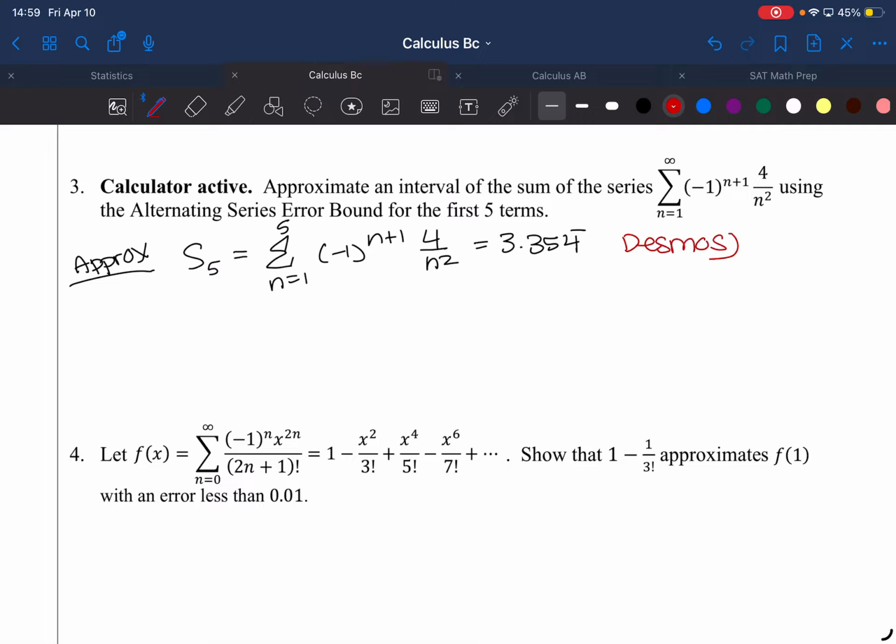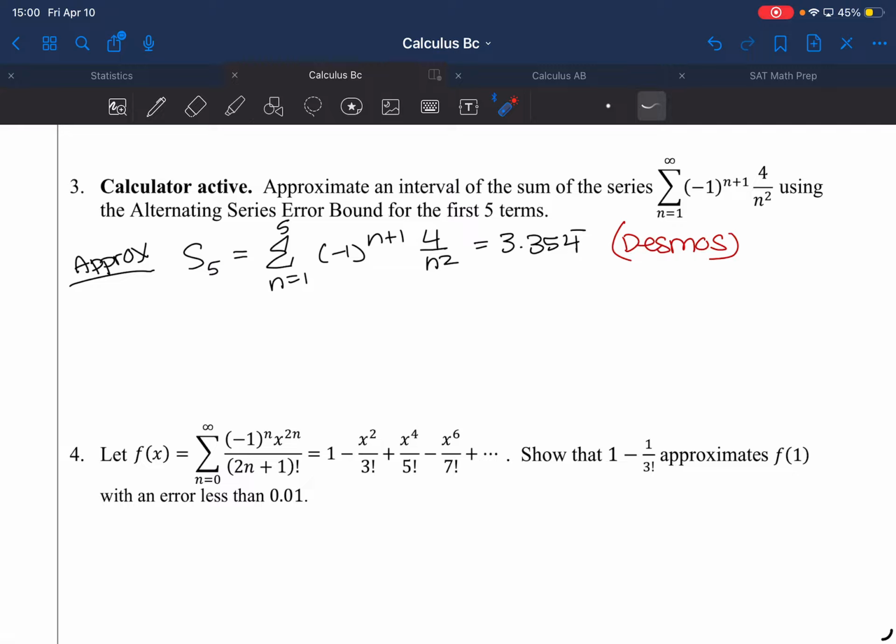The only thing I would keep in mind when typing this into Desmos is to make sure that your n plus 1 value, the part in the exponent, is in parentheses, or it won't calculate it for you. I know it has to do with PEMDAS and the order of operations, but just put this part in parentheses, and then it should work. It's not going to give you a wrong answer, it's just going to pop up an error.